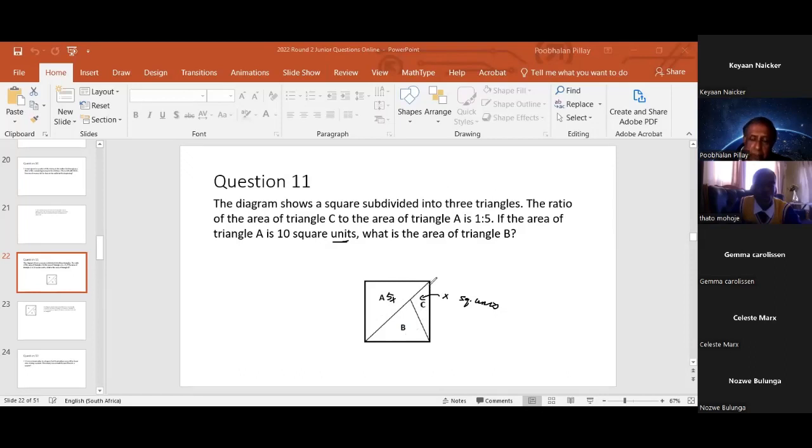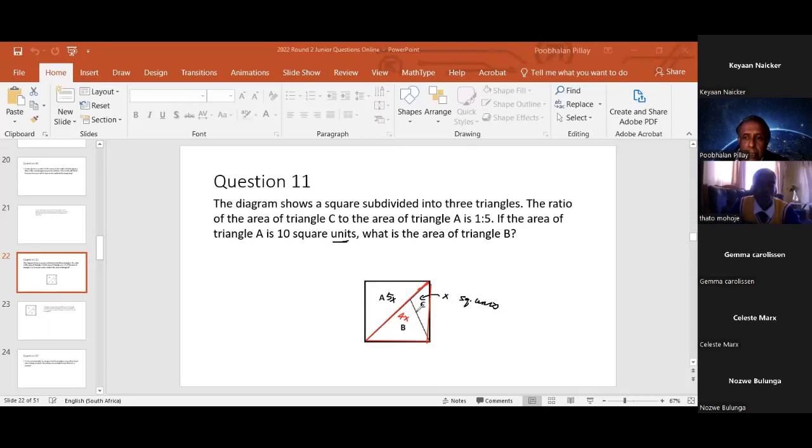The area of this whole triangle is also 5X. We already know that this part is X. So it means that this other part must be 4X.